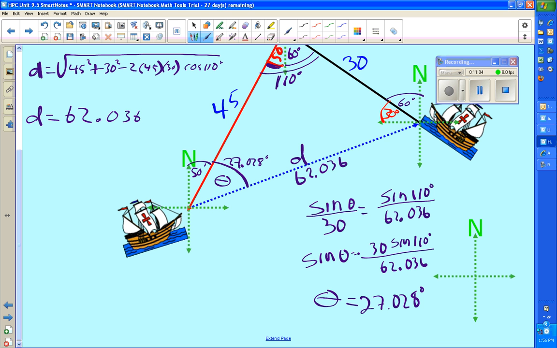Plus 50, because we're going to go from north to the blue line. So the bearing from the ship home is north to the blue line, which would be a bearing of 77.028 degrees to get home.